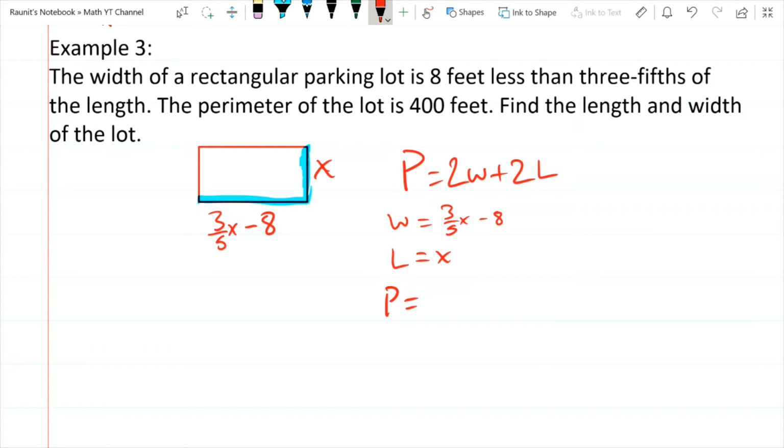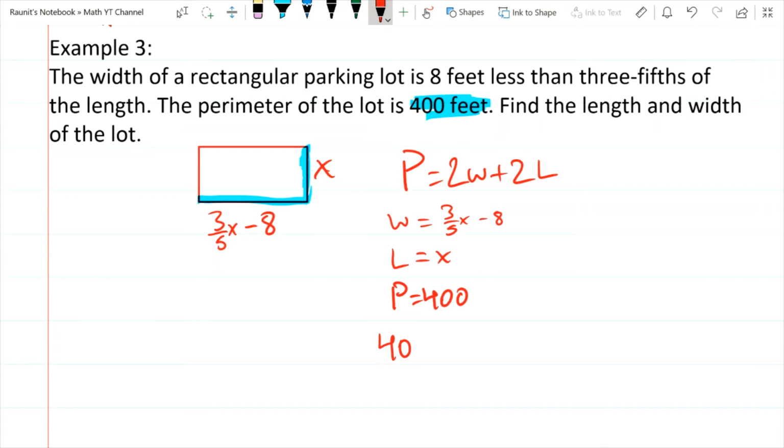So P equals, and we also know that P is equal to 400. I forgot to mention that. I also forgot to highlight, but that's alright. You don't always have to highlight your information.